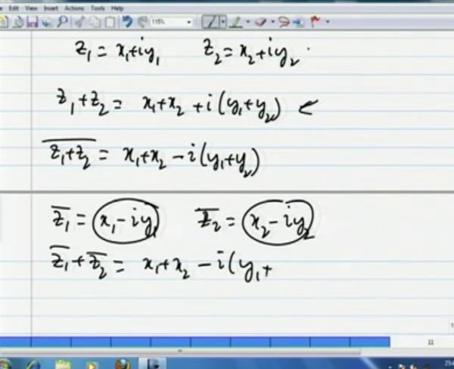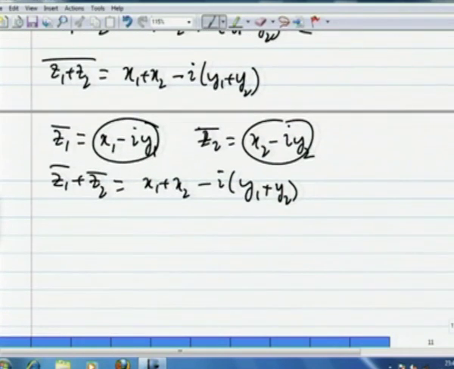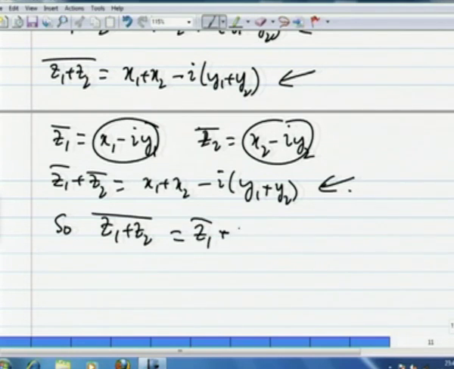It is plus i times minus y1 plus minus y2, which is the same as minus i times y1 plus y2. So, now you see that this tallies with this. So, Z1 plus Z2 bar is equal to Z1 bar plus Z2 bar.